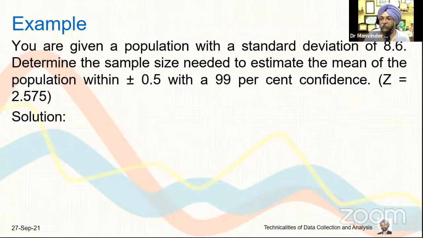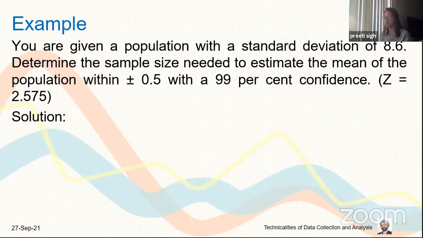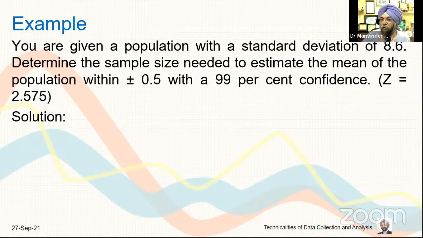Preeti ji, have you calculated, ma'am? Sir, 1961.54. Shefali, you also got 1961? Yes, sir.